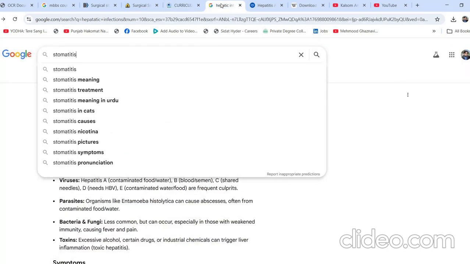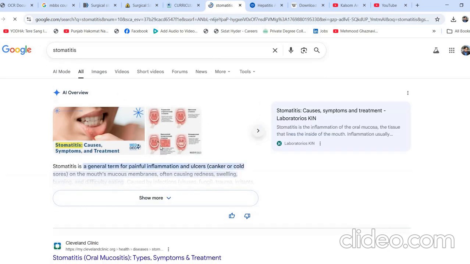Stomatitis: let's see the clinical inflammation and ulcer.